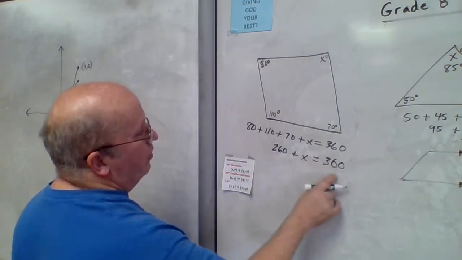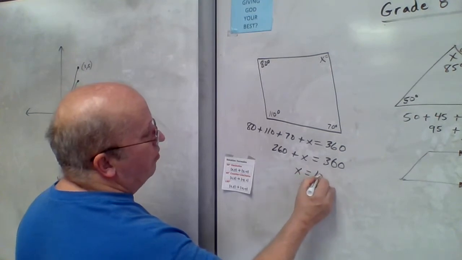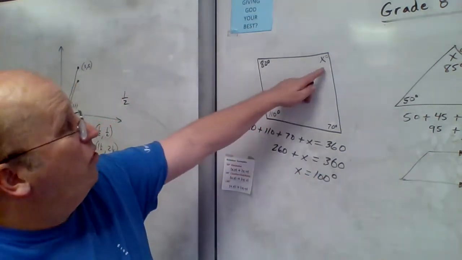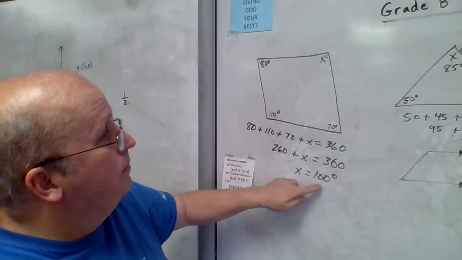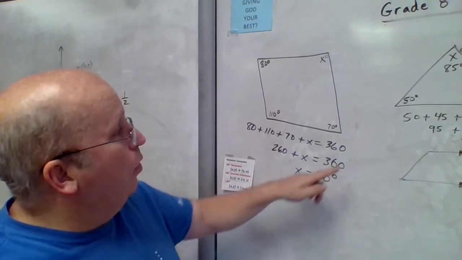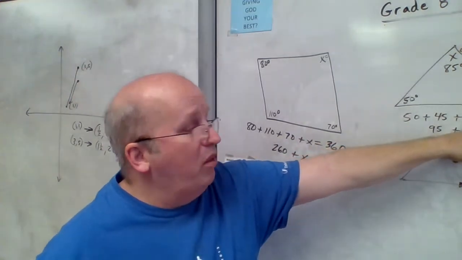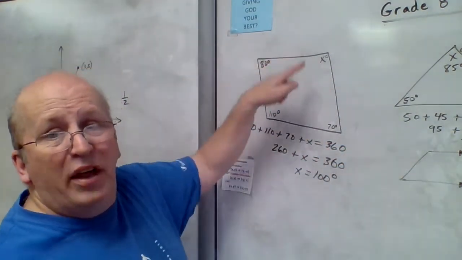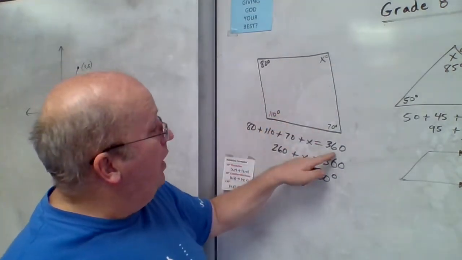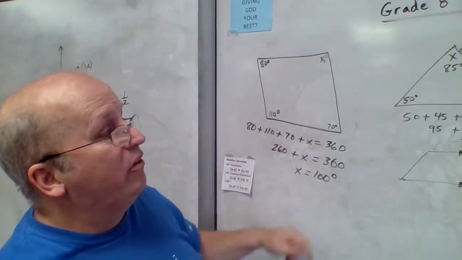Subtract 260 from both sides of the equation, and x ends up being 100 degrees. So if it's a triangle, make all the angles equal to 180. But if it's a four-sided figure, a quadrilateral, make the four angles equal to 360.